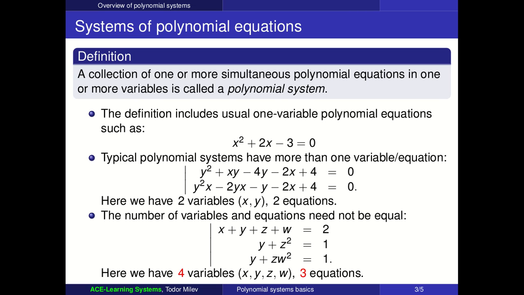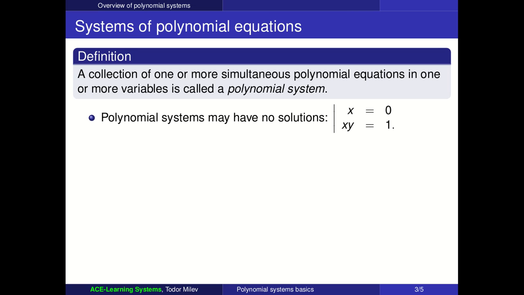So the variables would be x, y, z, and w, and the equations are only 3. So it is possible to have that the number of variables is different from the number of equations. It is also possible to have it the other way around. It is possible to have more equations than we have variables.